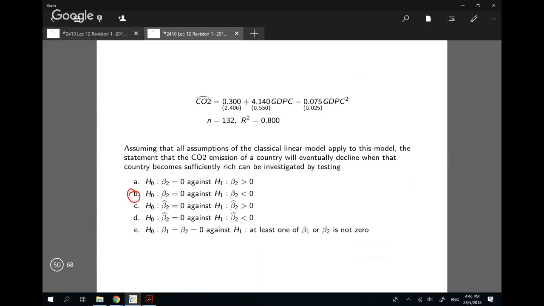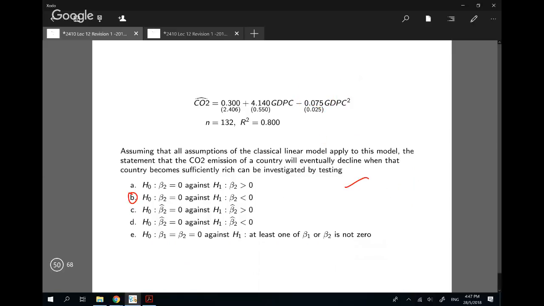If emissions eventually decline, it started upward sloping and then becomes downward sloping, so it's a maximum turning point. For a maximum turning point, you would have the linear coefficient positive and the quadratic coefficient negative. So we are testing beta 2 equals 0 against beta 2 less than 0. So that should be correct. Great.